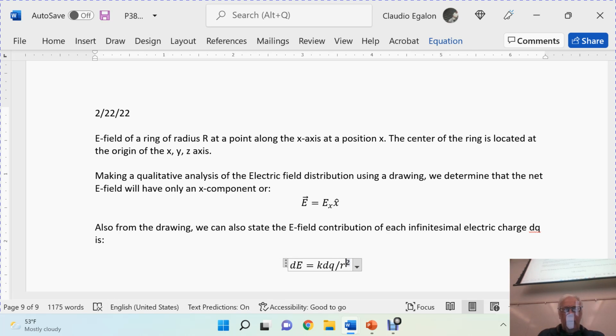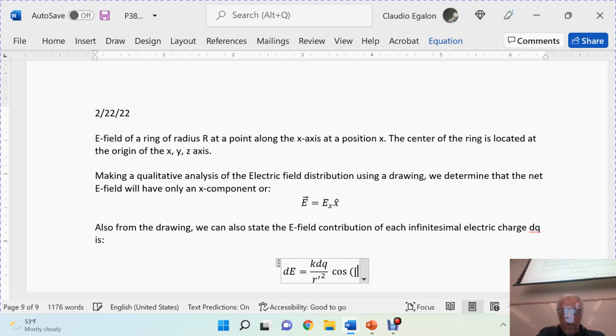Okay, the right notation should be r prime squared, because the distance from the charge to the point where we are calculating the field is r prime. Cosine of phi.